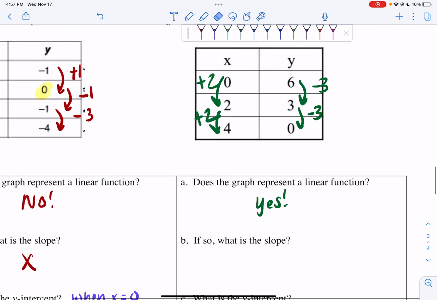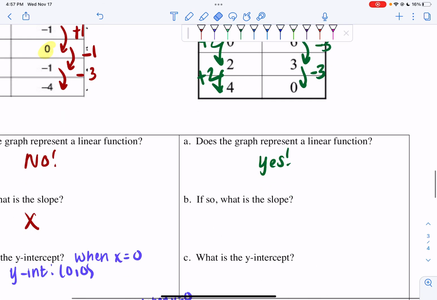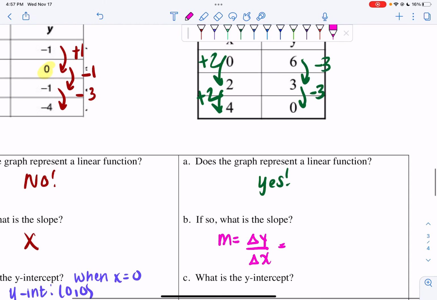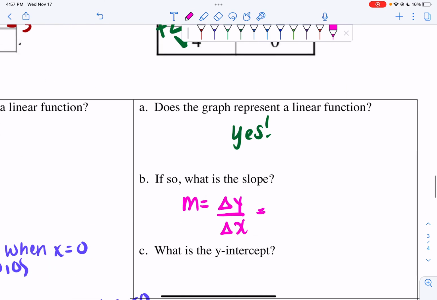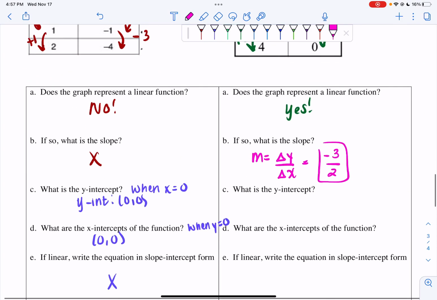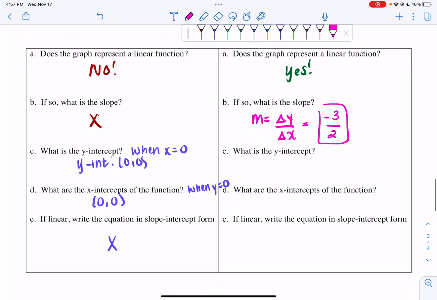My slope is simply the change in y over the change in x. If you look, your change in y is -3 and your change in x is 2. So my slope is -3 over 2. My y-intercept is when x equals 0.